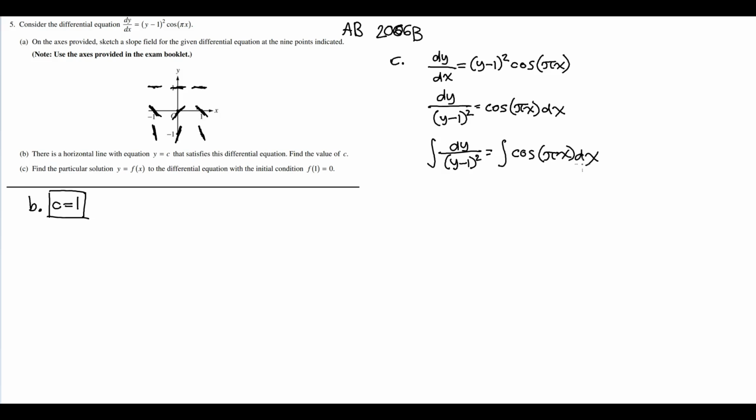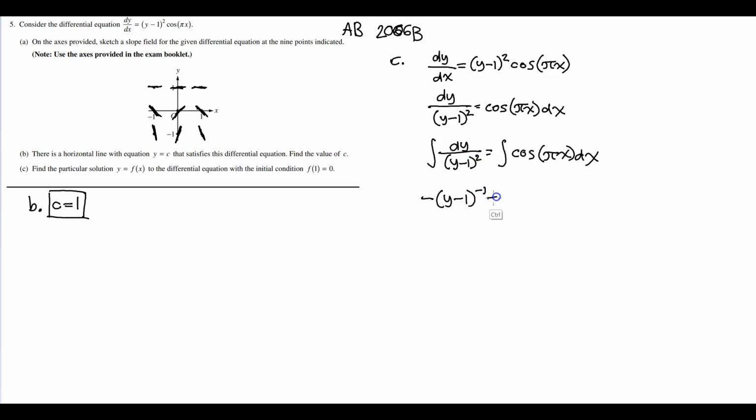Now what do we get on the left side? You can use u substitution here, like u equals y minus 1, so du is just dy. We get negative (y minus 1) to the negative 1, because (y minus 1) squared in a denominator is the same as (y minus 1) to the negative 2 power.